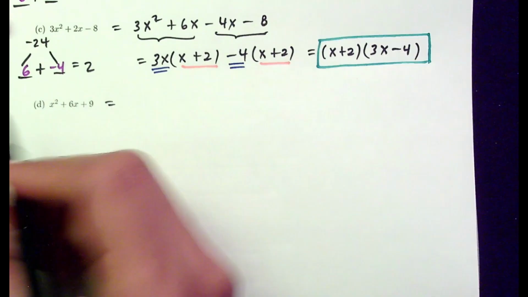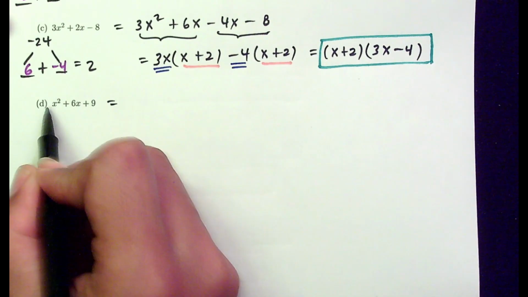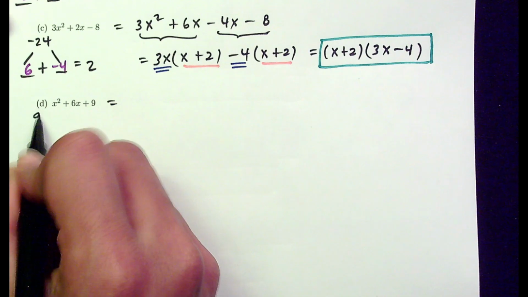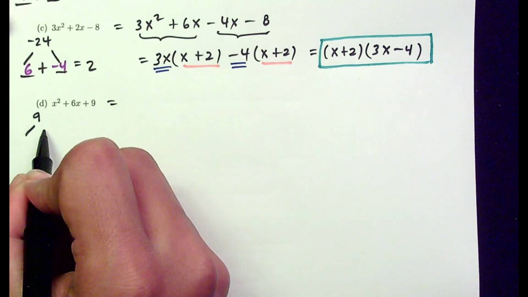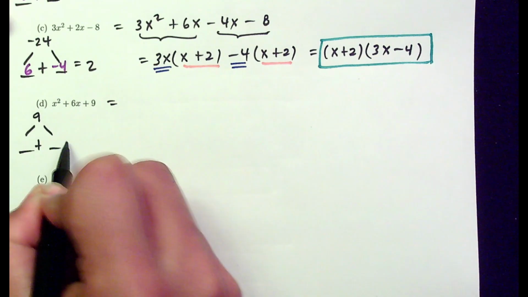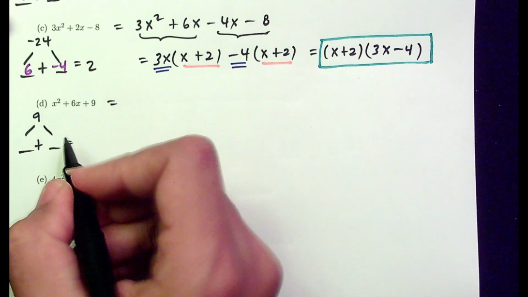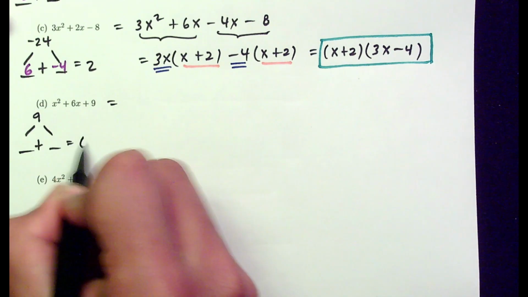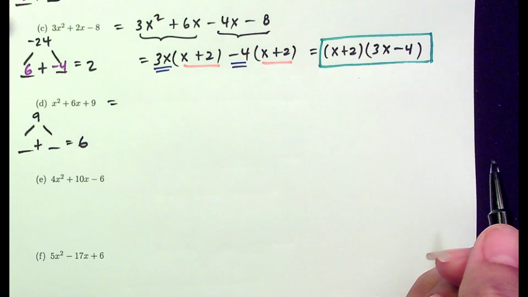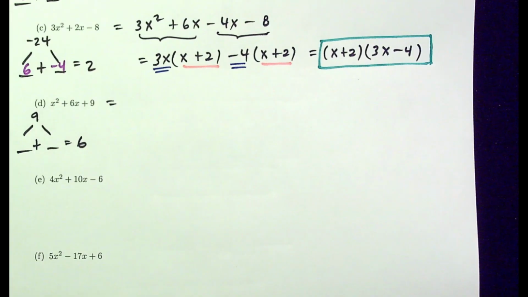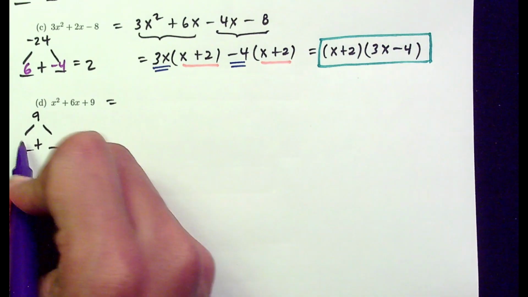So, first thing, multiply leading coefficient 1 times 9, and write it down, that's 9. And then think of two numbers, when you multiply them together, you get 9. When you add them, you get the number in the middle, which is 6. Well, that would be 3 and 3.